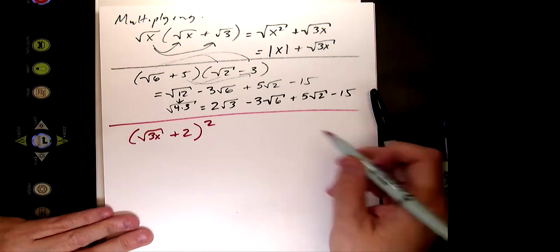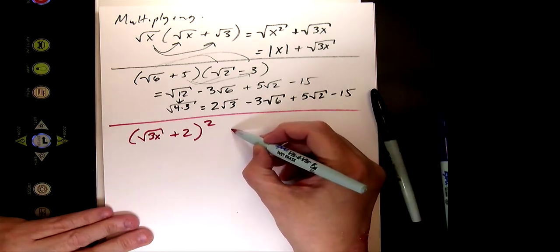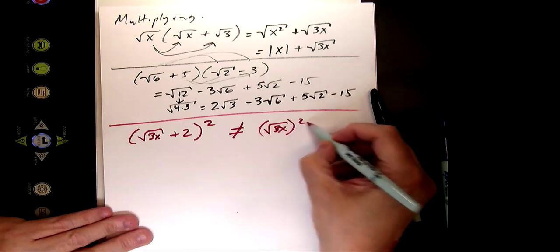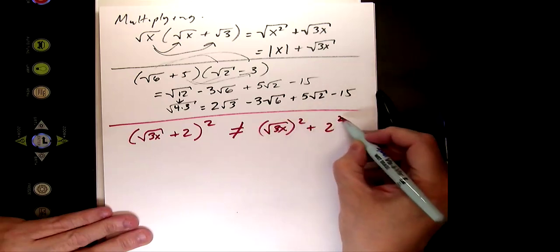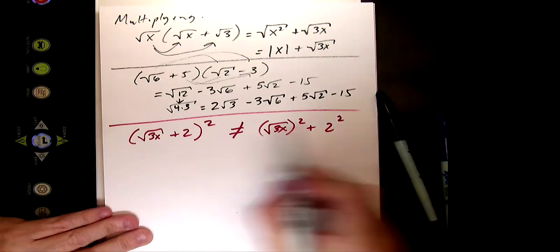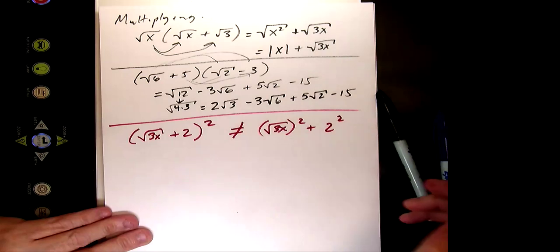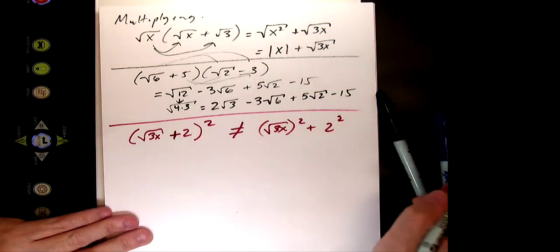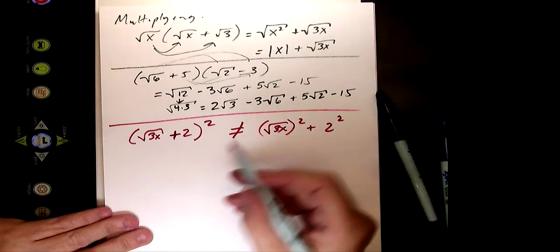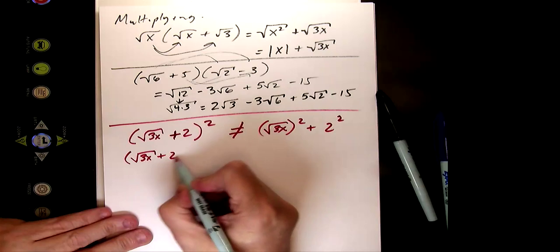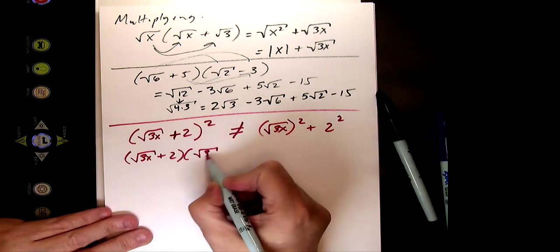I want to make it very clear. This is not square root of 3x squared plus 2 squared. They are not the same thing. You can't just distribute the exponent because there's a plus sign in there. The plus sign screws up distributing exponents. What that means is this is really this.